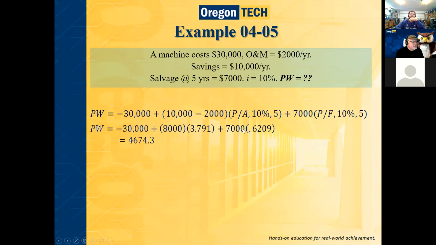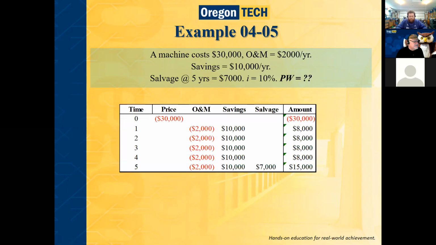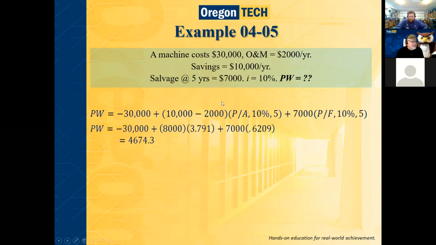You're going to discount this back. So what you're trying to do is saying, okay, my savings, the present value of my savings, P for present value of that annuity, because you want to get everything equated to that $30,000 outlay. So you're putting everything back to the equivalent of that 0 time frame. Basically, you have to say, okay, what all these things equate to at the same time. So the present value of an annuity, that annuity is that $8,000 a year you're netting from the savings net of the cost.